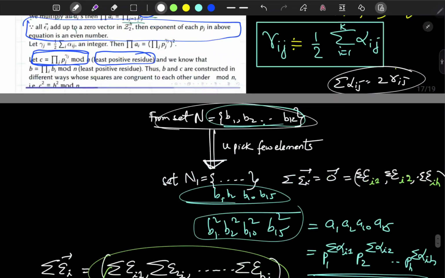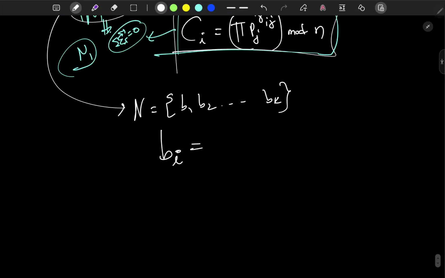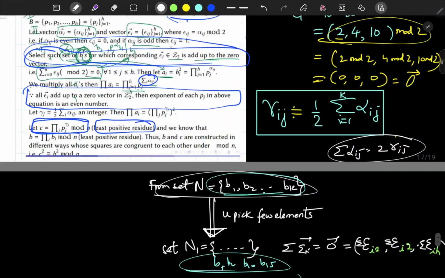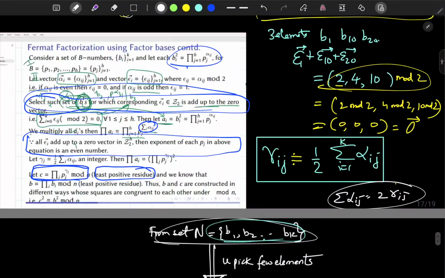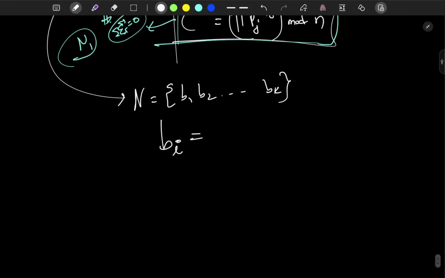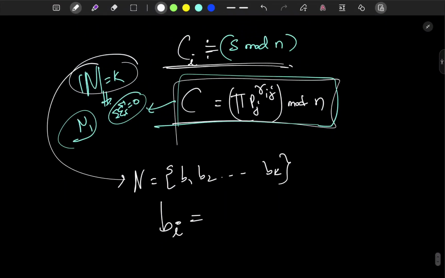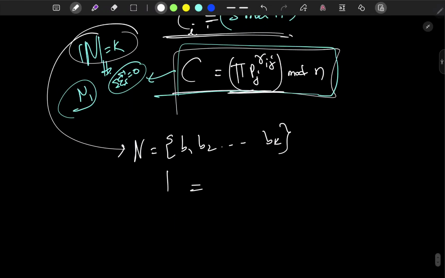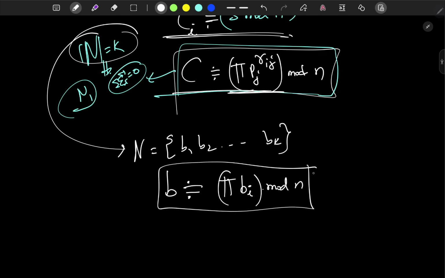Sorry, it is C. Now I am defining: multiply all these numbers and apply mod. bi whole mod n. This is the definition.